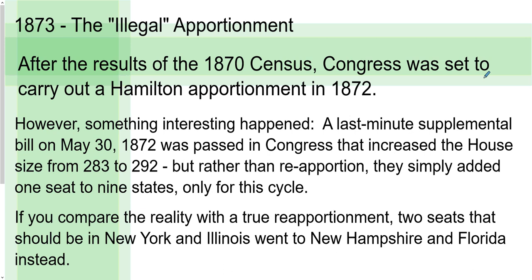And it turns out, you may think, is this unconstitutional? And the answer is no. The Constitution says Congress has to reapportion according to the respective numbers. The 14th Amendment basically updates that a little bit, in terms of counting everybody.